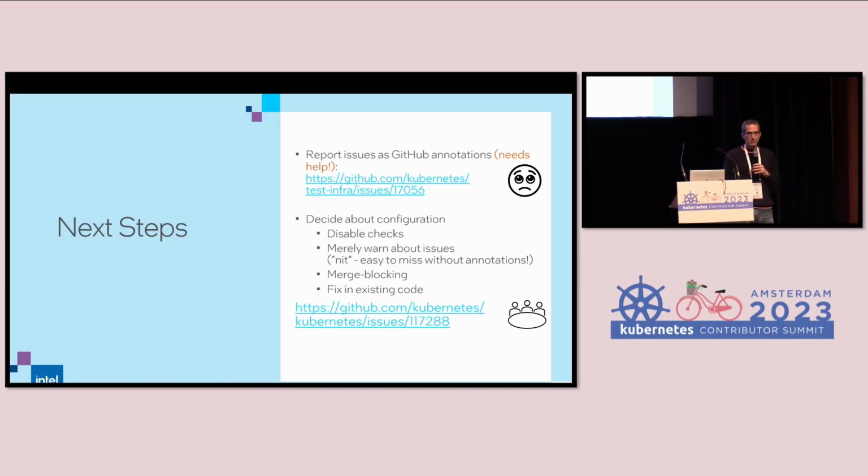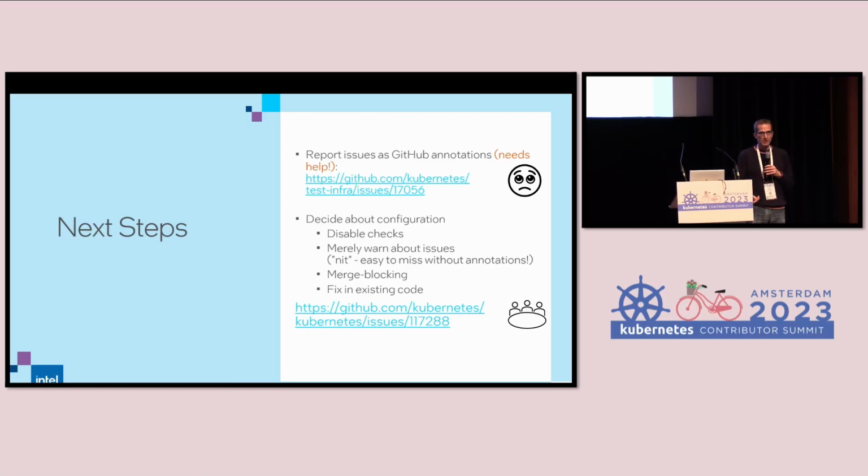It is important when we decide about the configuration, because golangci-lint has a feature where it can set the severity of an issue. We could have it configured for some checks so that it's really just an annotation. It doesn't need to be fixed. It's like a nit. It's a good hint that this code line might be improved, but it doesn't need to be. But if we configure all of these checks in this mode, the end result would be that this Prow job will just pass.